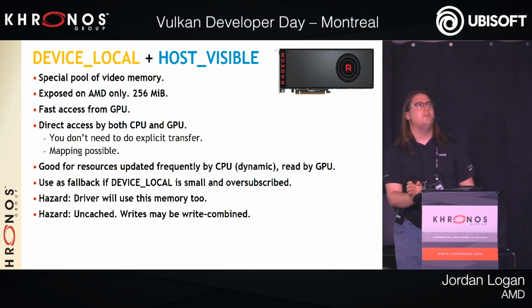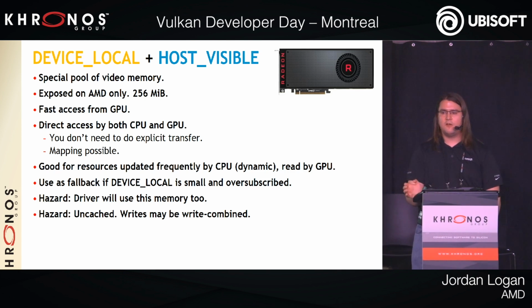One thing you do have to realize is that since this memory has been carved out of your normal device local heap, you could severely reduce your heap size, especially on lower end cards where there's only 1 or 2 gigs. This is a significant portion. So you should also use this heap and memory type as a backup.